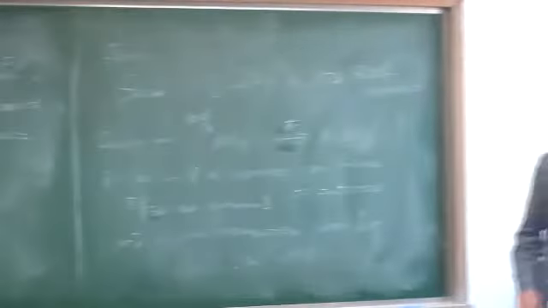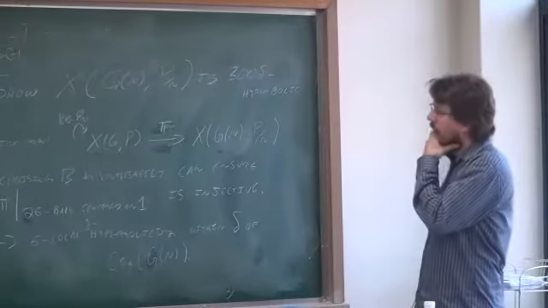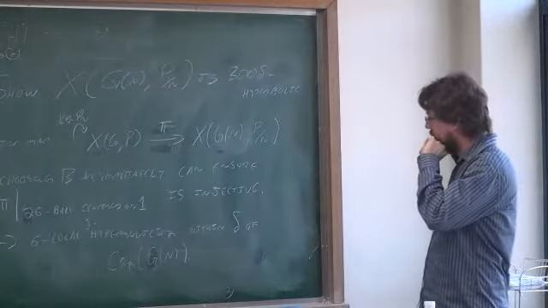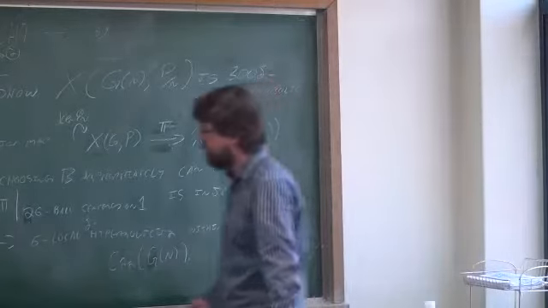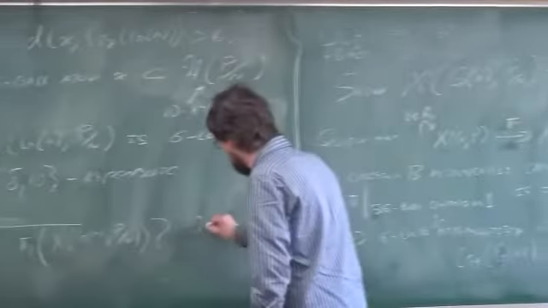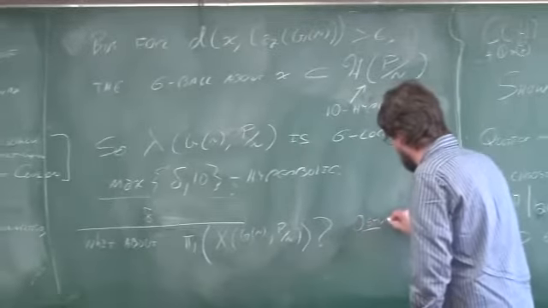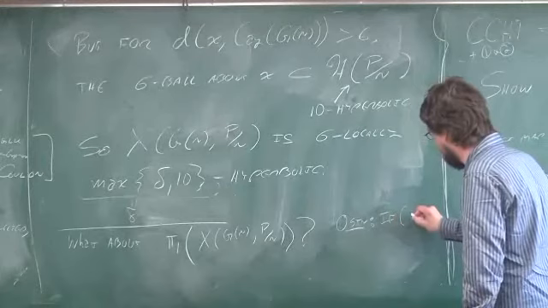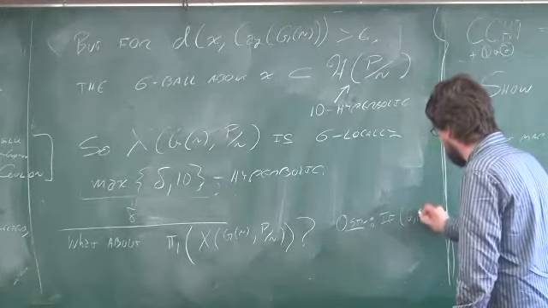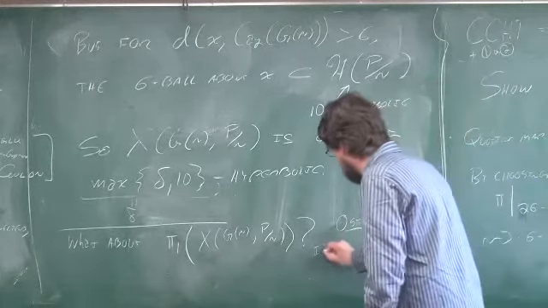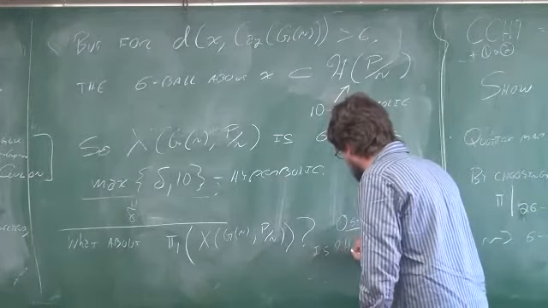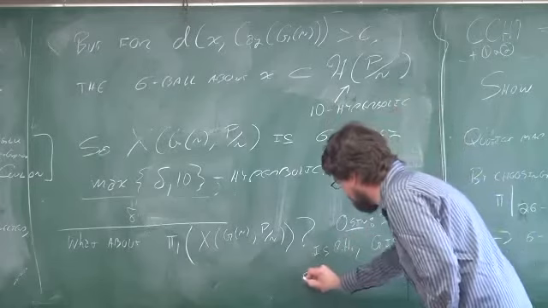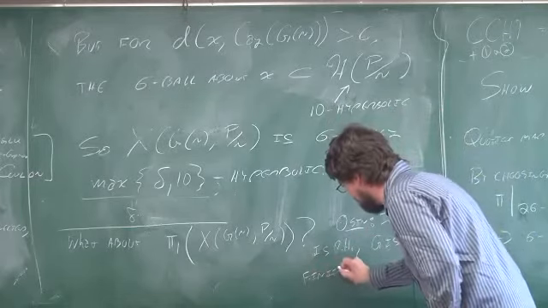Well, there's a fact of Osin. So he shows that if G, P is relatively hyperbolic, then G is finitely presented relative to P.